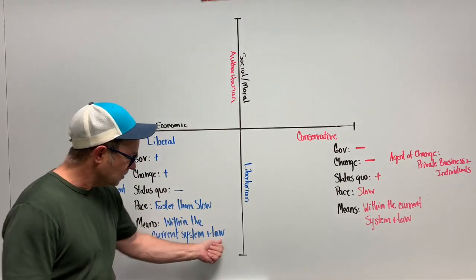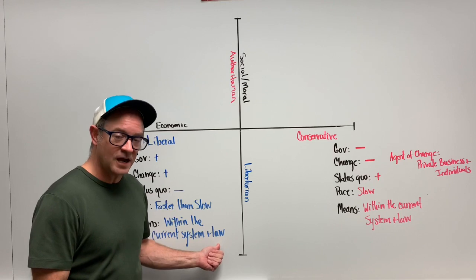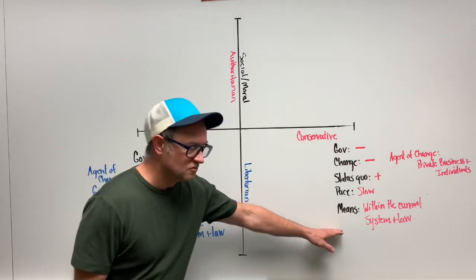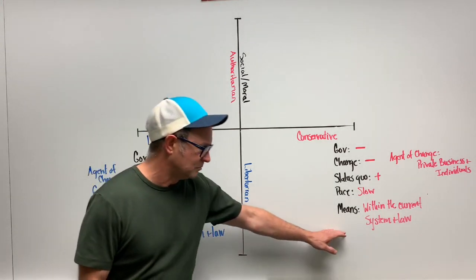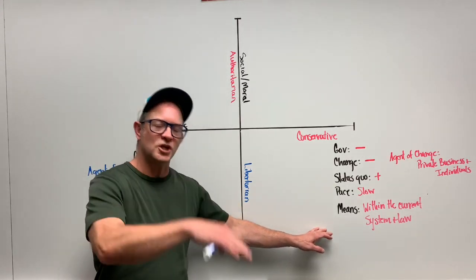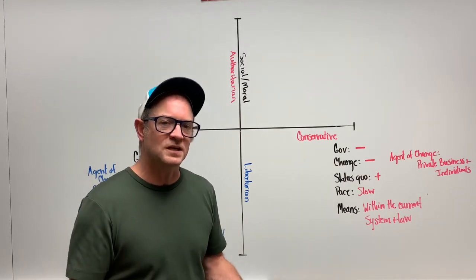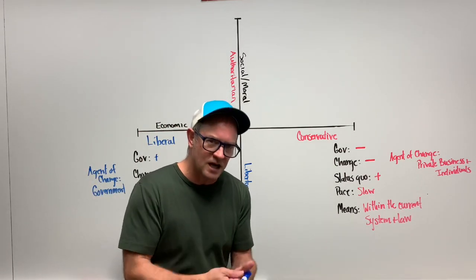And they're also not necessarily willing to break the law to see the change happen. Now, on both sides here, do not get confused with civil disobedience, where you're willing to break the law to see the law change. The big difference is that if you engage in civil disobedience, you're willing to accept the consequences.